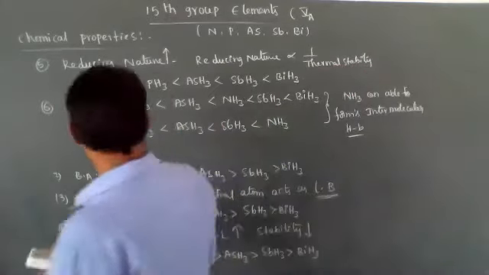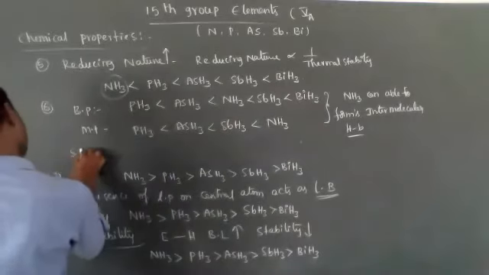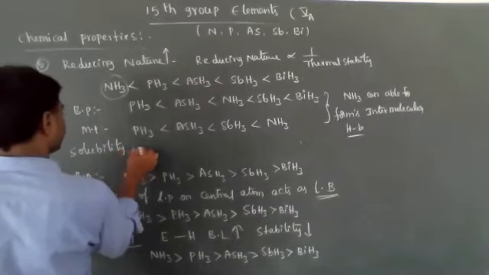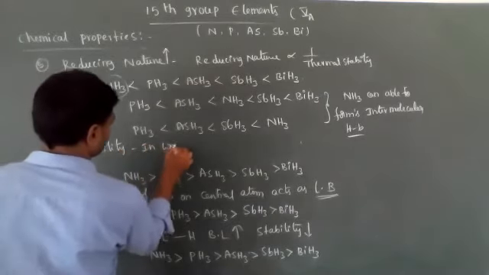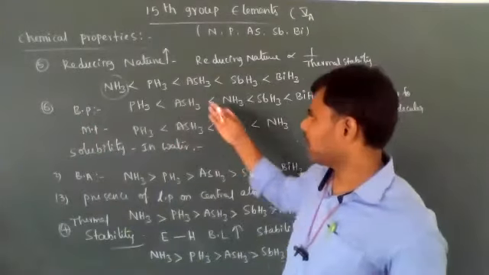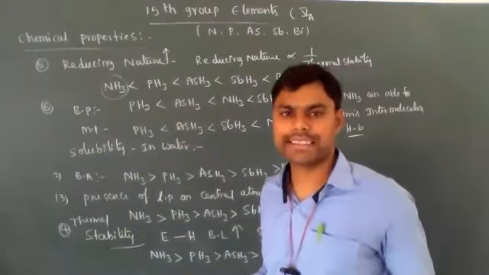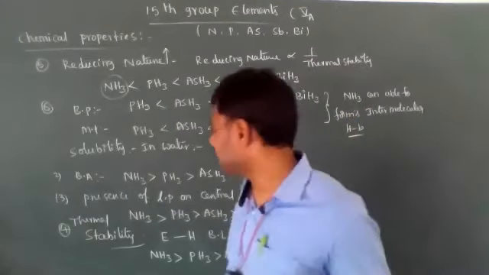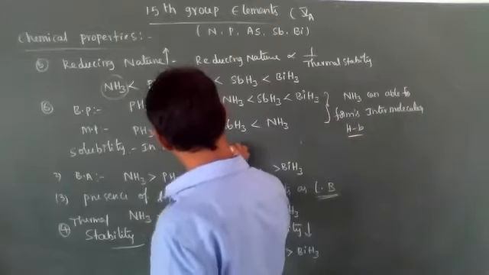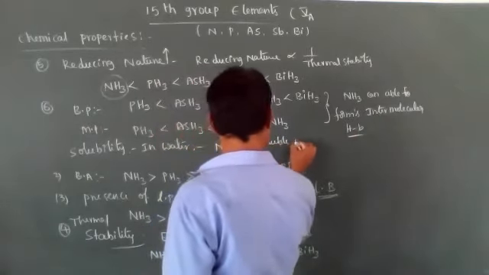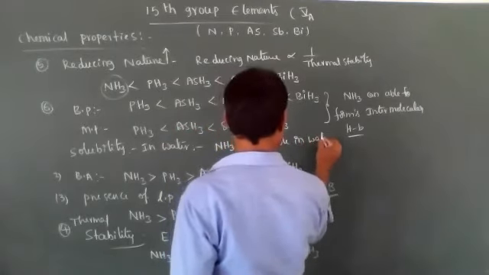Now, let's see solubility in water. Among these, all are covalent molecules, NH3, PH3, AsH3, and these are not ionic compounds. But NH3 is soluble in water. Why is NH3 soluble in water?